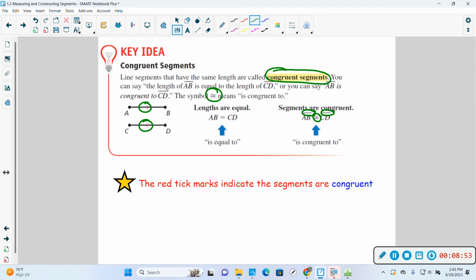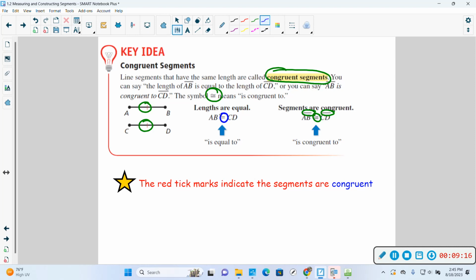So I just think all the top symbols go together. If I have the squiggly congruent, I need my segment symbols. If I just have an equal, plain old boring equal sign, notice you don't have the segment symbols on top of AB or on top of CD. Does it matter? Yes. If you have equal, no segment symbols.